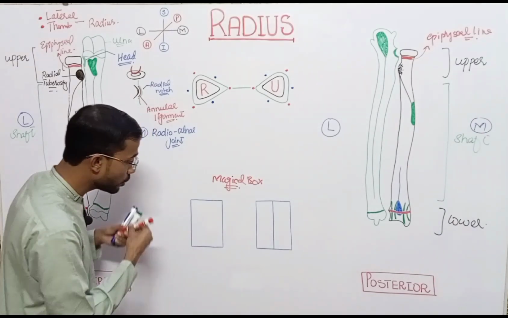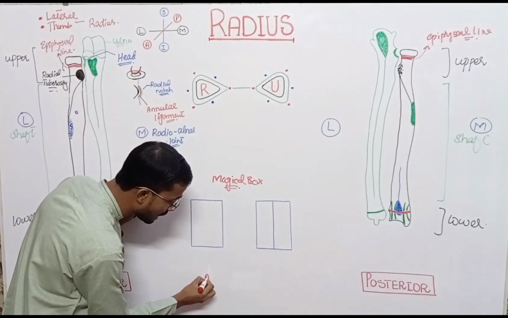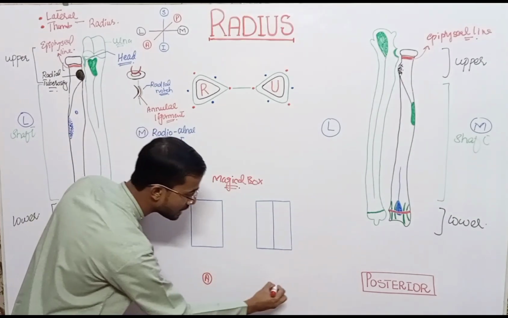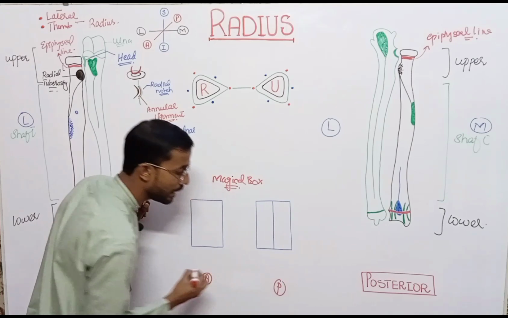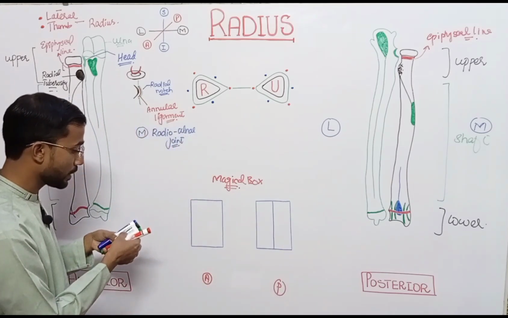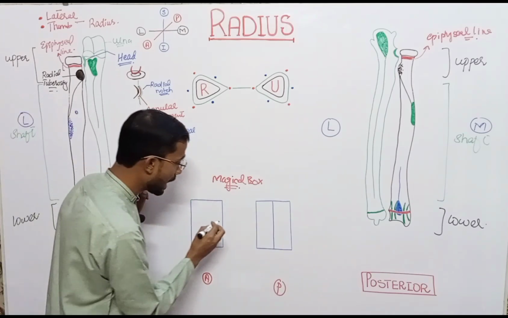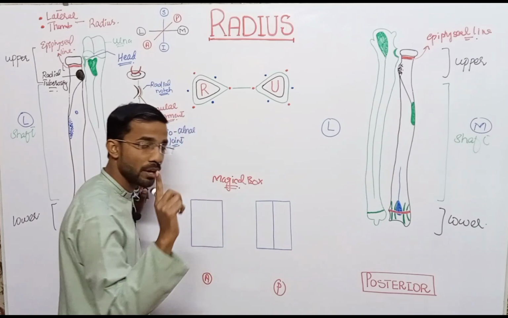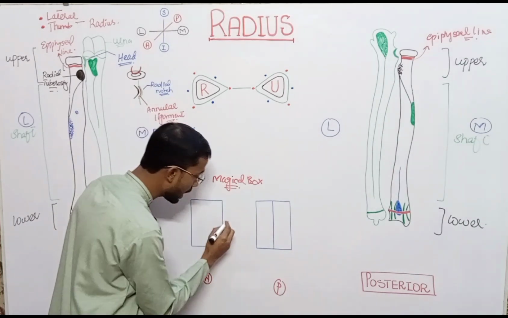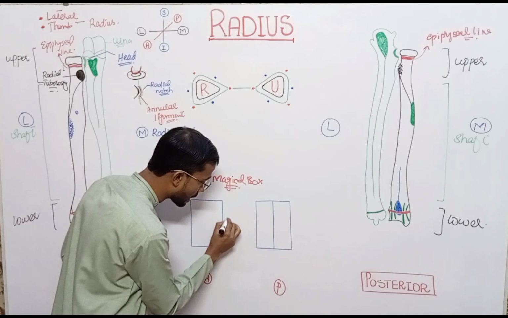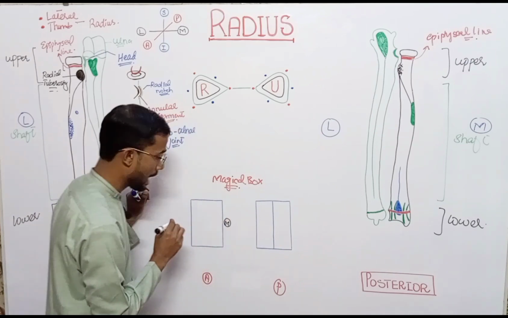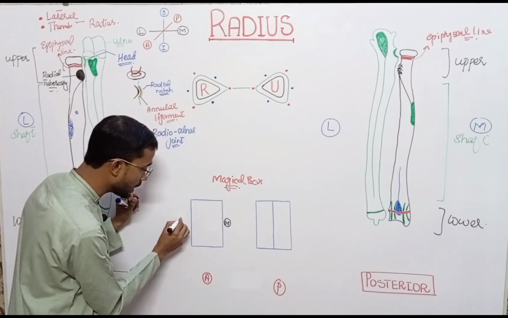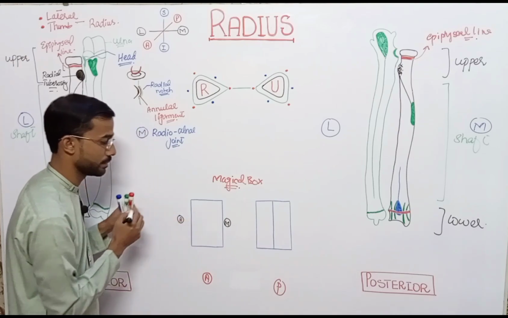First of all, this is the anterior view of the radius and this is the posterior view of the radius. First we will discuss the borders. Here you will see this side is the medial border, and then you will see the anterior border.